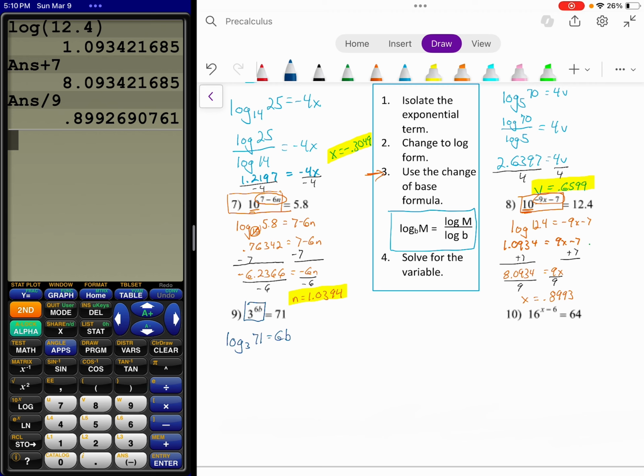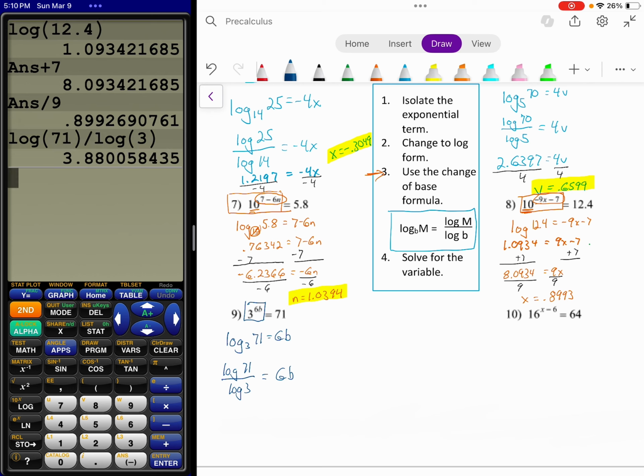So step 3, we're going to say this is log of 71 over the log of 3 equals 6b. We'll put that in our calculator, remembering to put parentheses in as necessary. 3.8801, rounding correctly there.